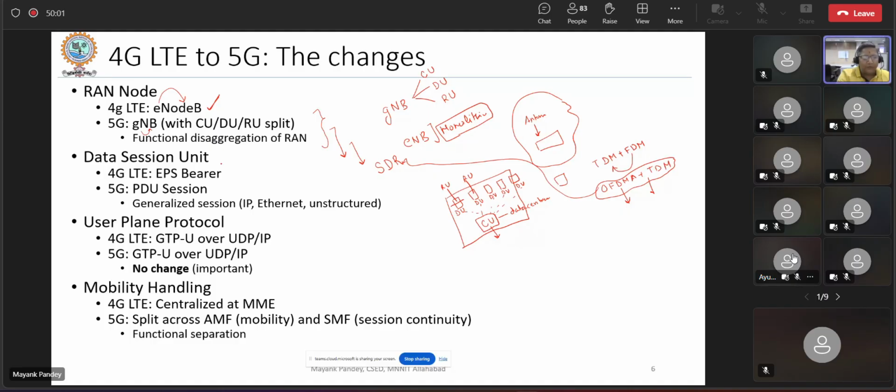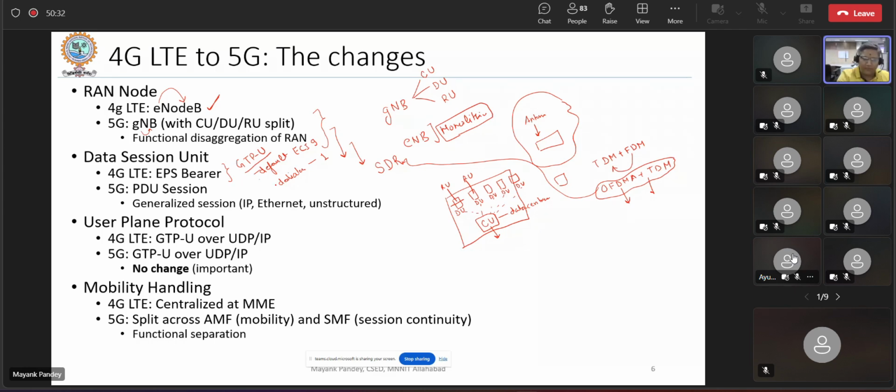Then remember in 4G we used to have GTPU sessions. One was the default bearer with QCI 9. The other was the dedicated bearer, which we call QCI 1. And then different endpoints for default bearer and dedicated bearer.